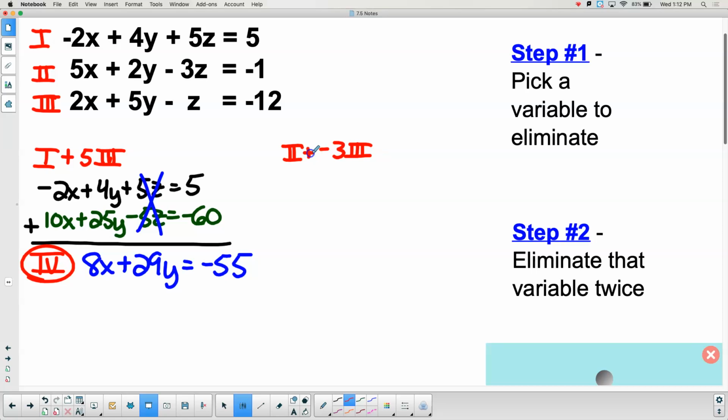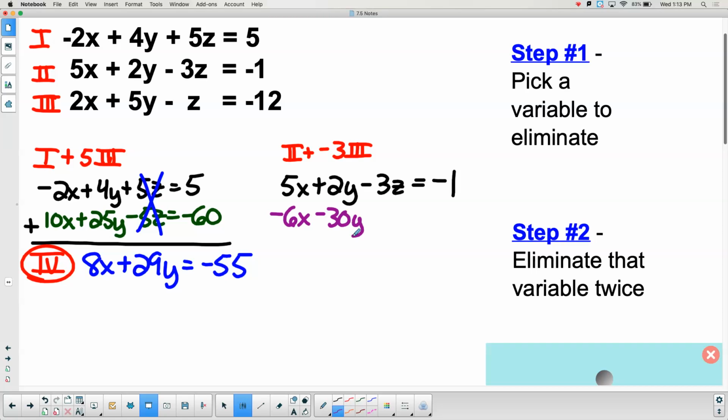Really, plus negative 3 times equation number 3. Equation 2 would be 5x plus 2y minus 3z equals negative 1. Negative 3 is going to be negative 6x minus 30y.